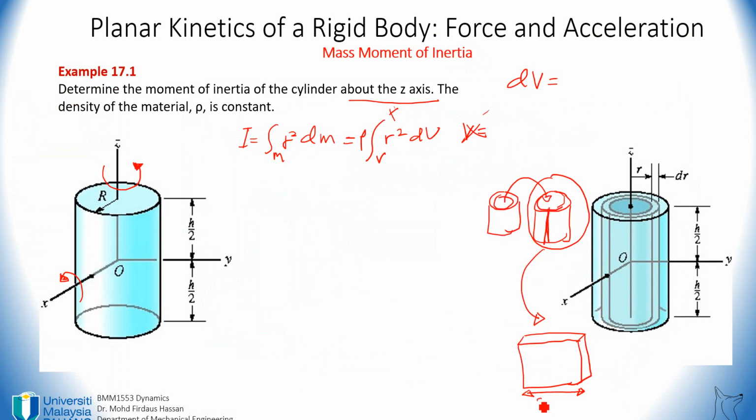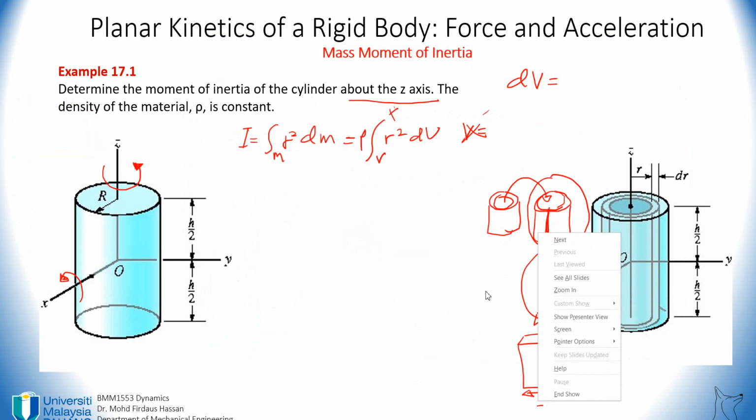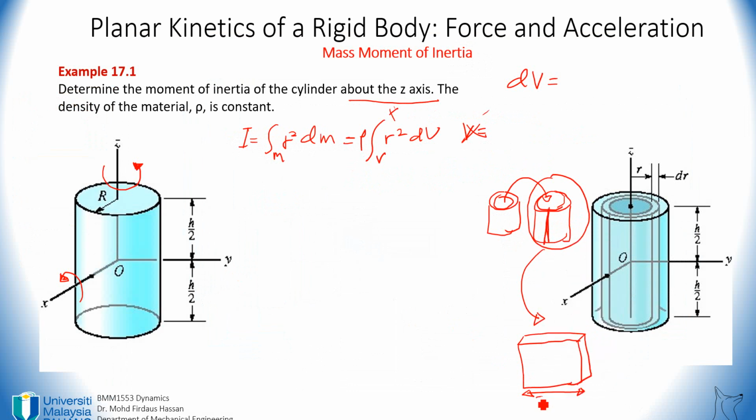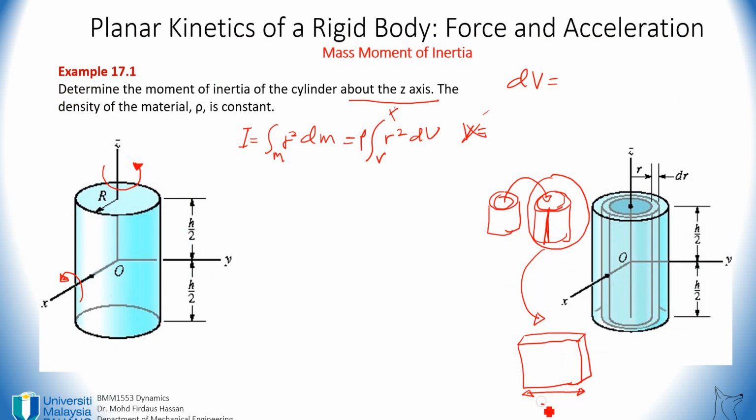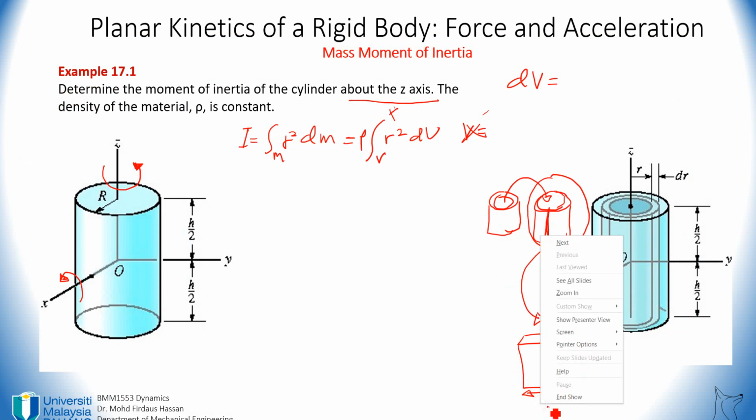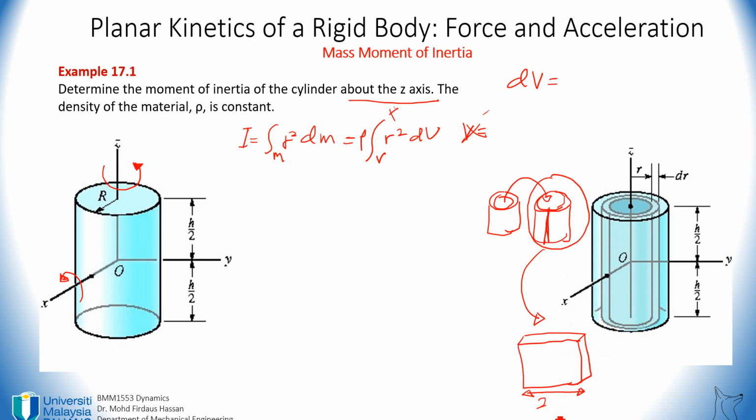2 pi r, the radius, and then this one is h, right?